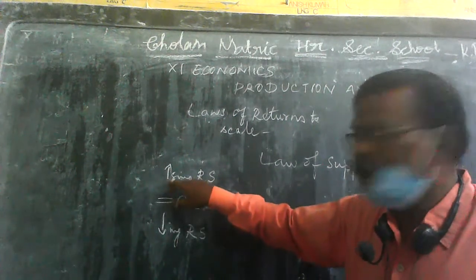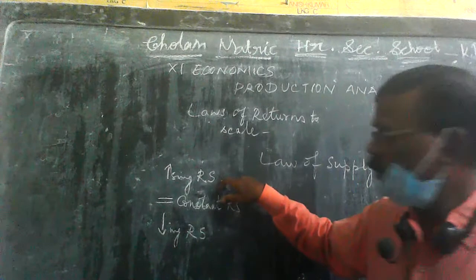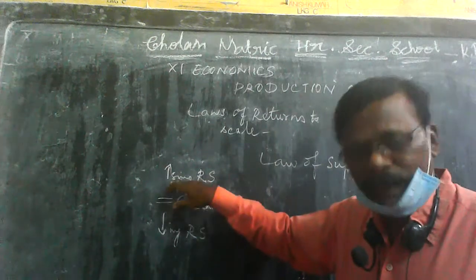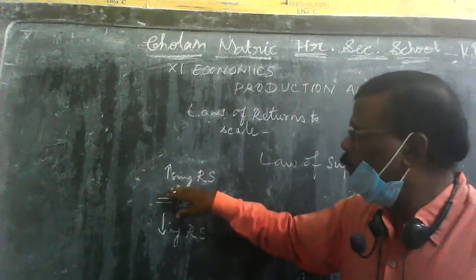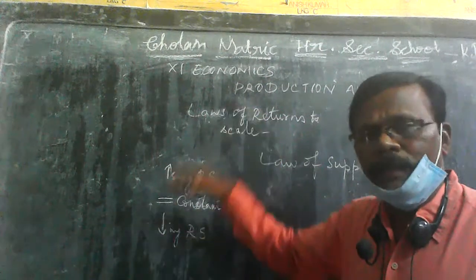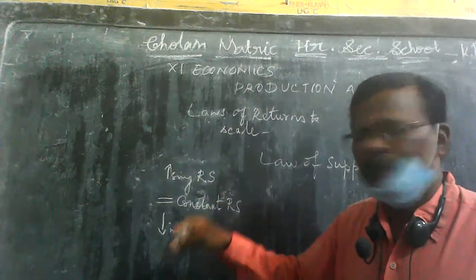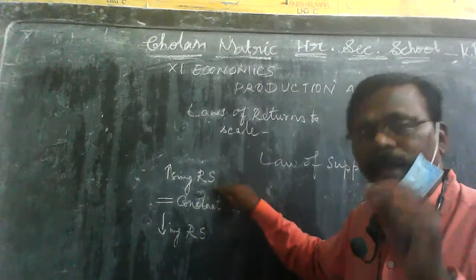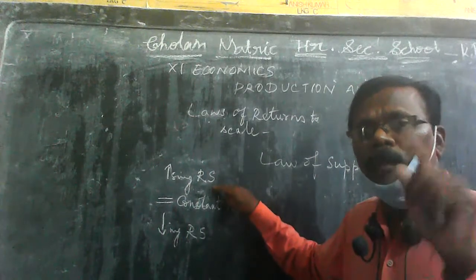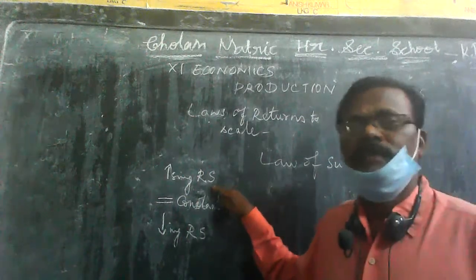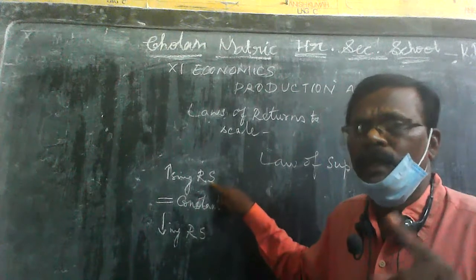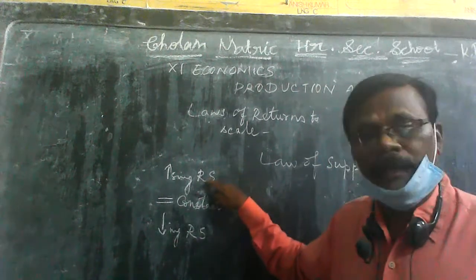First is increasing returns to scale. So in this stage, if all the inputs are increased, then output increases by more than 1%. That is called increasing returns to scale.